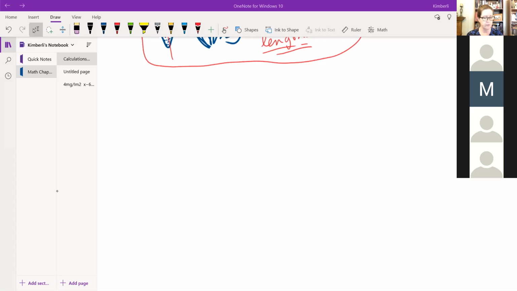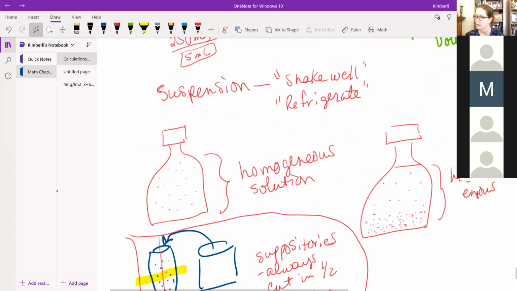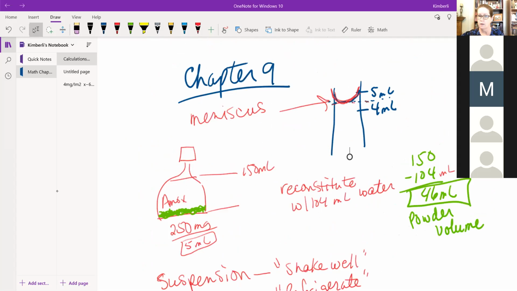Okay, and figure 9.6 shows the meniscus, how it's actually 15 milliliters, but on the sides it curves up even more, just like this one. And the meniscus seems to be worse with plastic than with glass.